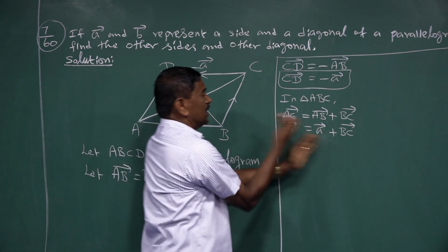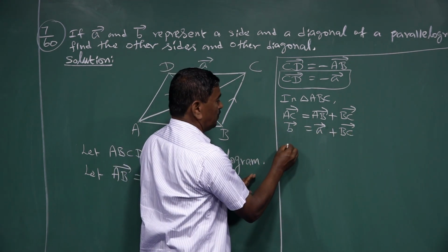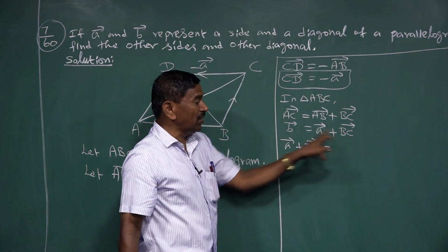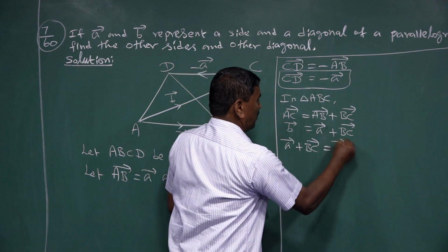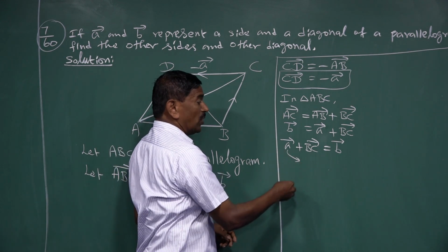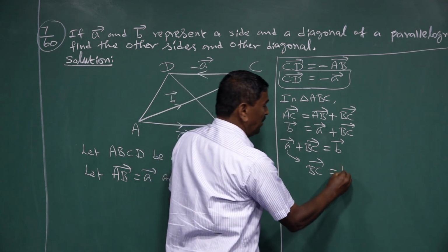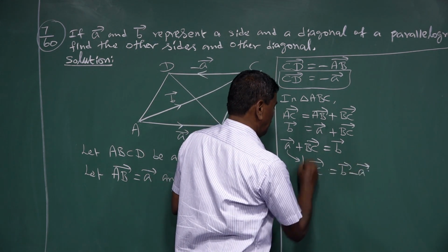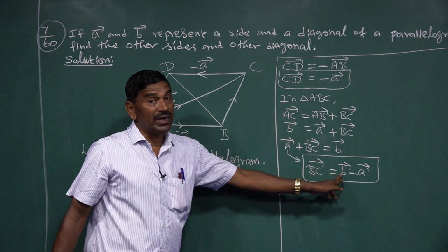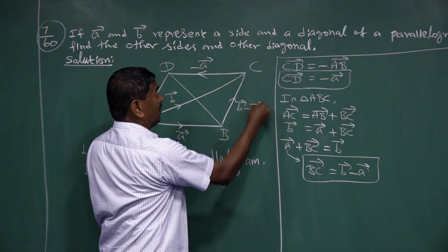Yes, we can reverse it: vector a plus vector BC is equal to vector b. Next is simplification. The plus vector a goes to the right and becomes negative. That is, vector BC is equal to vector b minus vector a.